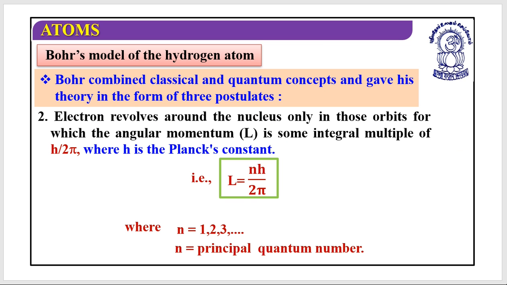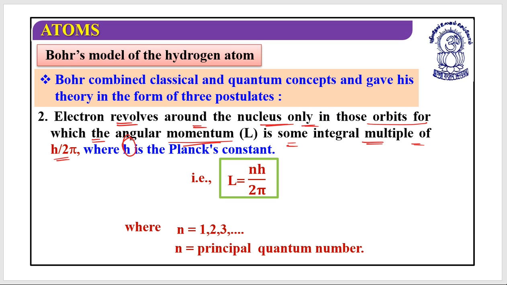Now let's look at the second. He said that an electron revolves around the nucleus only in those orbits for which the angular momentum is some integral multiple of h by 2 pi, where h is Planck's constant.